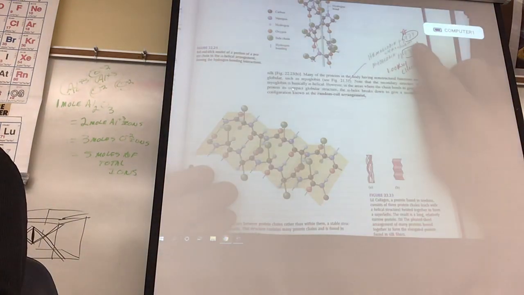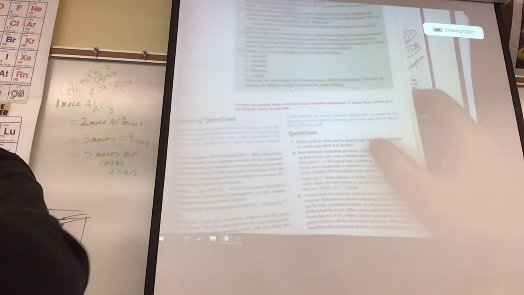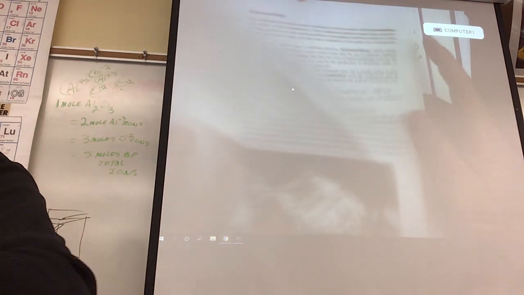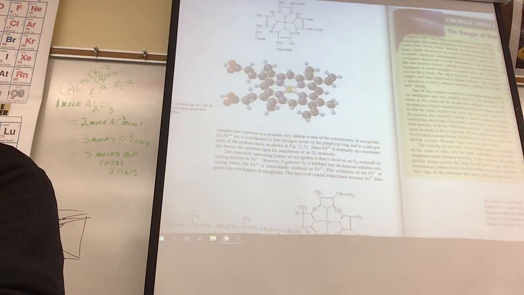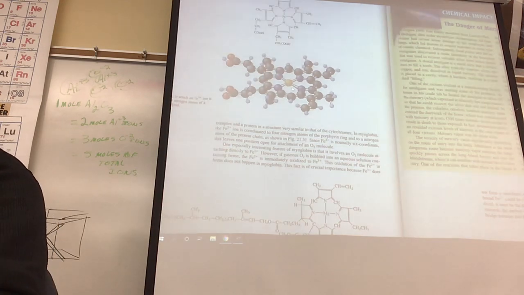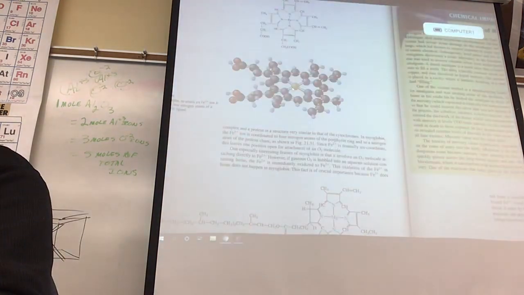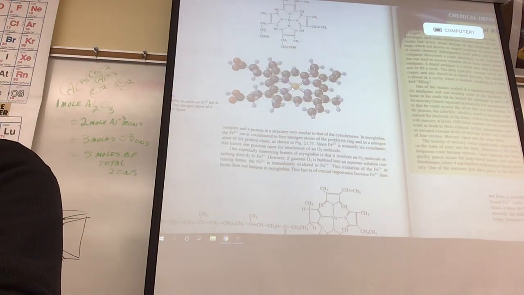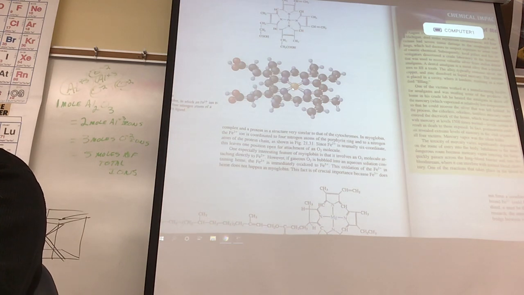But I had 2 pictures here I want to show you. Page 974. Look up here, okay? Okay, so 974, I want to show you a protein, and this is called a heme group, hemoglobin. Have you ever heard of hemoglobin? Okay, take a look at hemoglobin. Now, hemoglobin is this structure here, and one thing I've always thought was fascinating was that there are lots of hemoglobin molecules in your red blood cells.